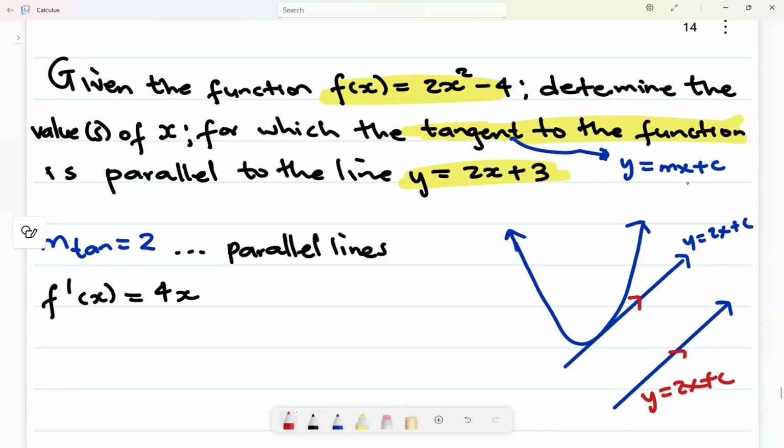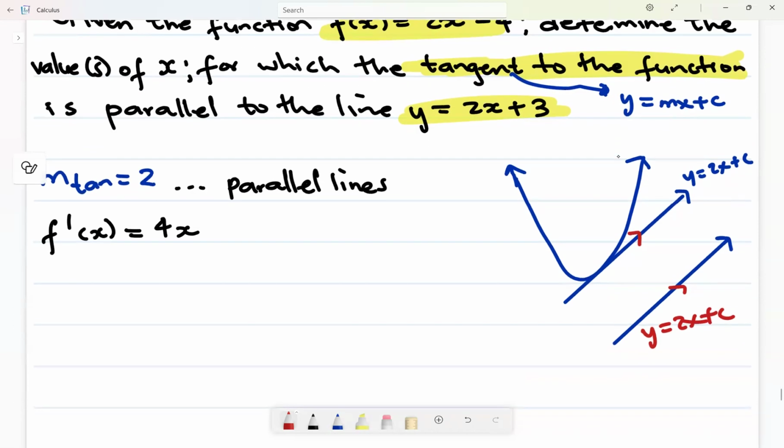Hence, I concluded that the gradient of the tangent, remember here it was mx, but now I know the m is equal to 2. Why? Because these lines are parallel. Now I need this x coordinate here. So how can I get that x coordinate?